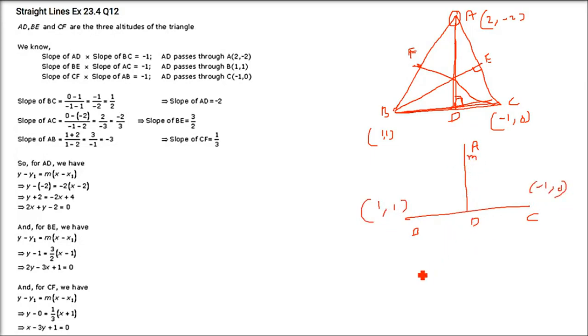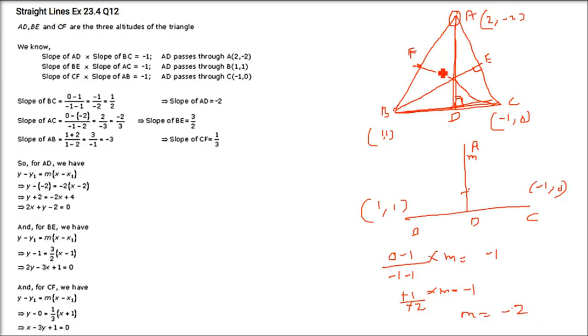Now the slope of BC is (0 minus 1) by (minus 1 minus 1). If you assume the slope of AD as m, then m times this equals minus 1. So you have minus 1 by minus 2 times m equals minus 1. So minus gets cancelled, m equals minus 2. Now the slope of AD is minus 2.